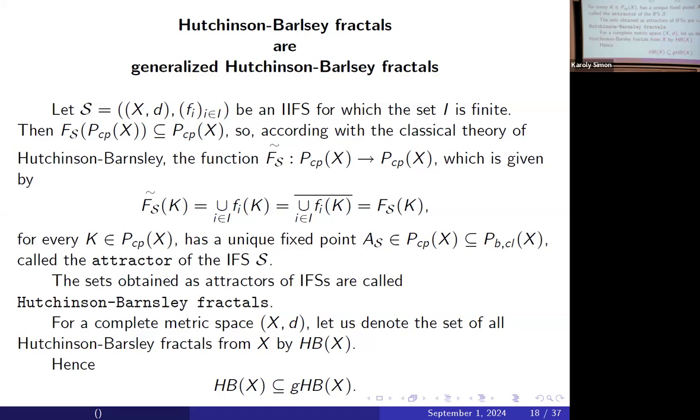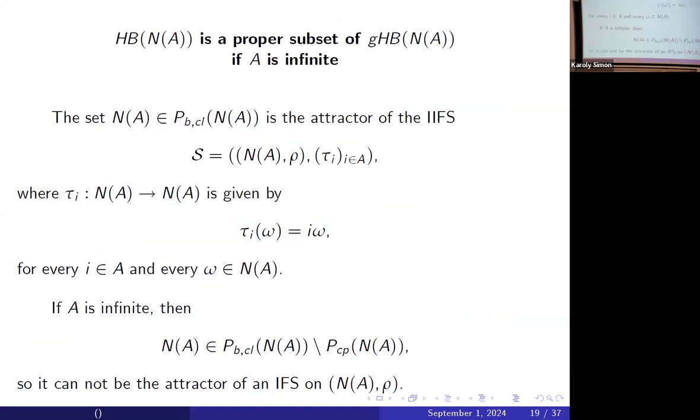And I also want to point out that this is a real generalization of the concept of Hutchinson and Barnsley. Why? Because we can look at our old friend, Baire space, and we can see that actually the Baire space is the attractor of a possibly infinite iterated function system, which is described here. So the metric space is N^A with rho, and the family of contractions is given in this way.